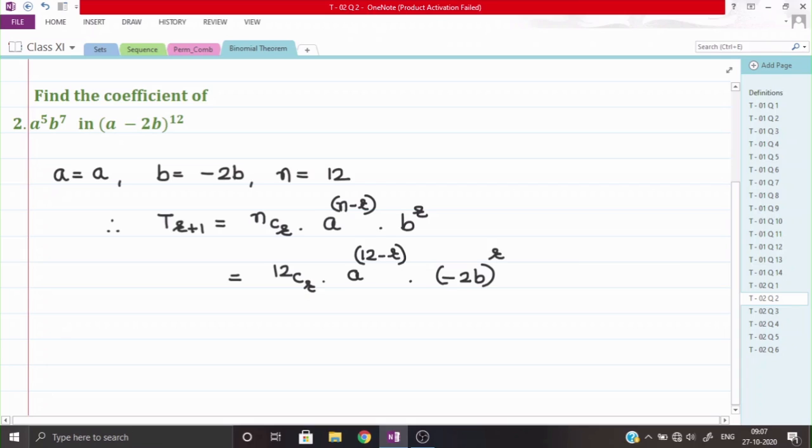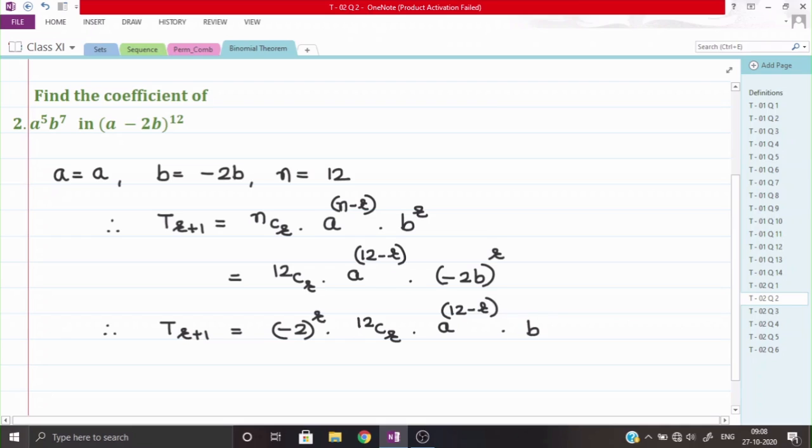Now if I separate, the final value of T(r+1) that I will get here is (minus 2) whole power r into 12Cr into a to the power 12 minus r and b to the power r.